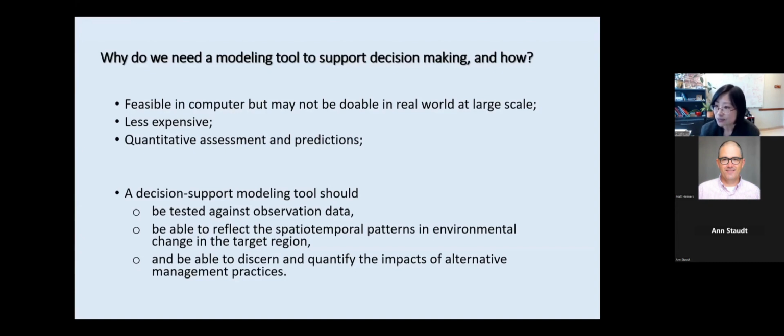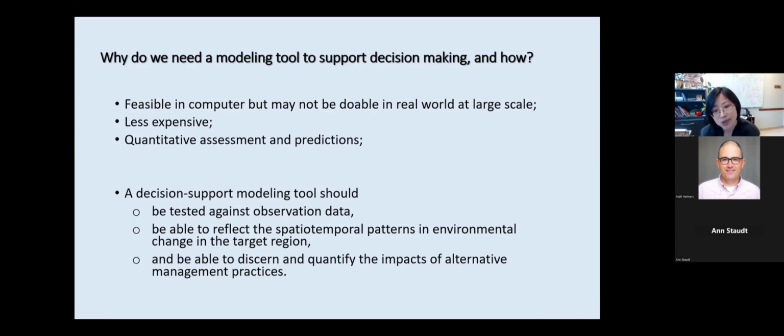As an ecosystem ecologist and also an ecosystem modeler, I have heard a lot of questions like this. Why do we need a modeling tool to support decision making, and how do we choose a model? Before we decide to invest in certain management practices, we usually want to know how effective they are in terms of protecting the environment or enhancing crop yield.